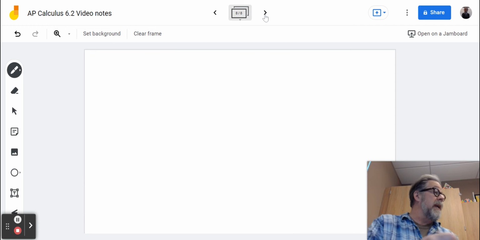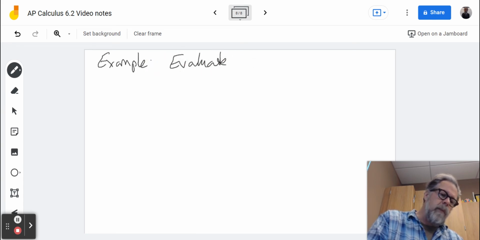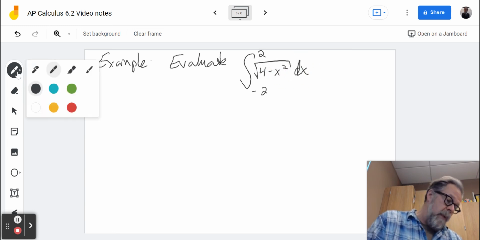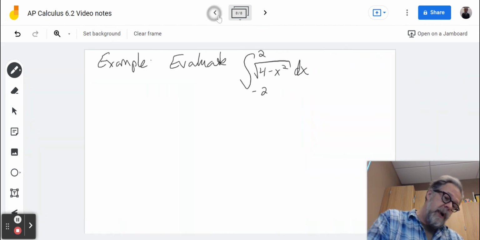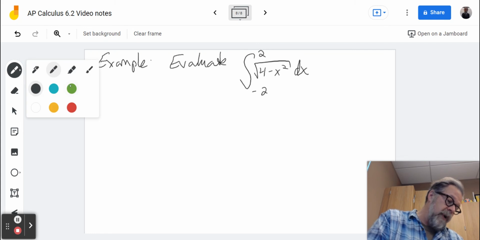So let's look at the second example, which is to evaluate a particular integral. I'm going to look at the integral from -2 to +2 of the square root of 4 minus x squared dx. So again, let's think about what we've got here. I'll try to keep the colors the same: green for the interval, gold for the function.